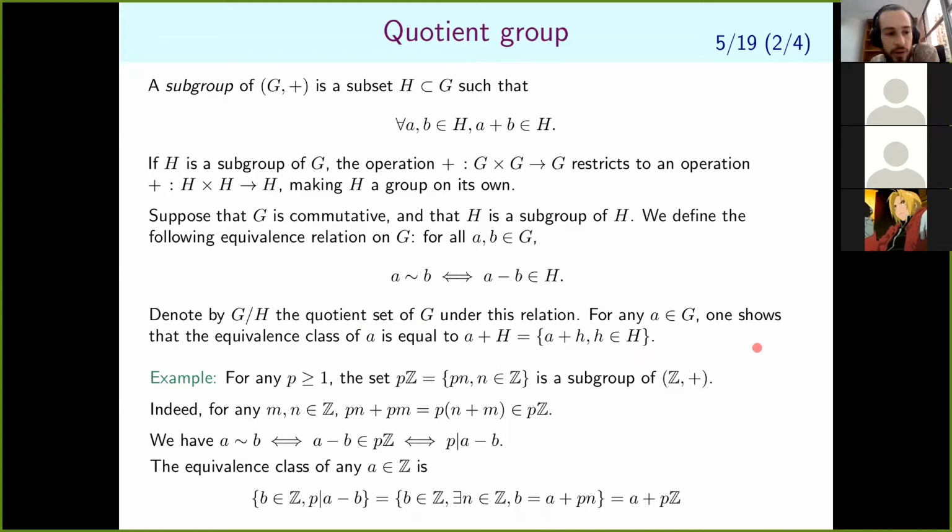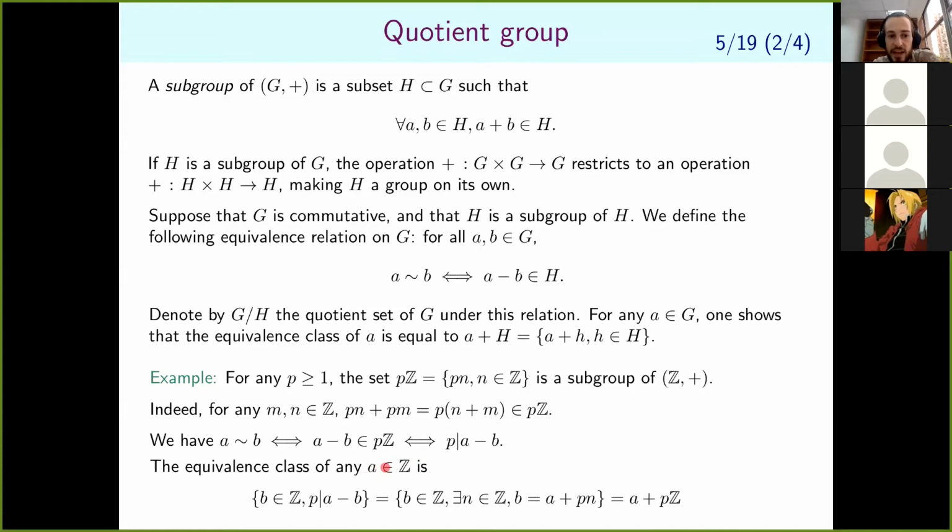Still an example with pZ. This definition in the context of the integers: we say that A is equivalent to B if A minus B is an element of pZ, which means that p divides A minus B. And I can have a look at the equivalence classes.